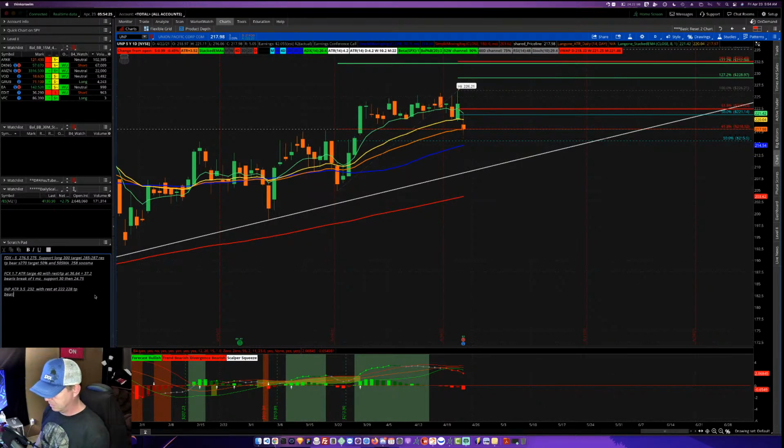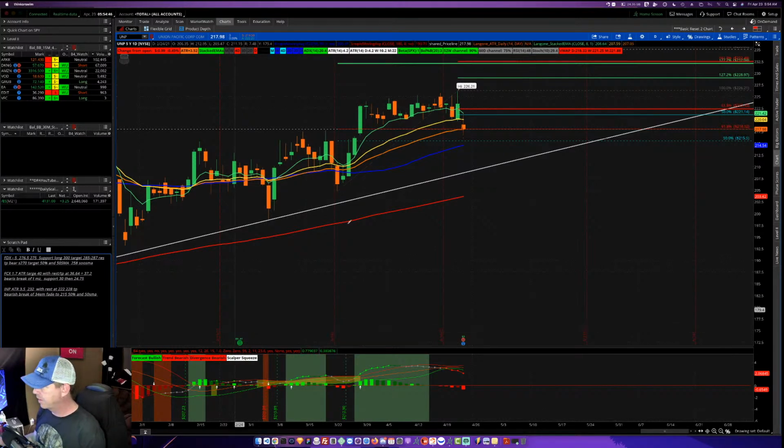So bearish, break of the 34 EMA, fade to 214. We're going to call it 215, which is the 50% retracement and 50 SMA.